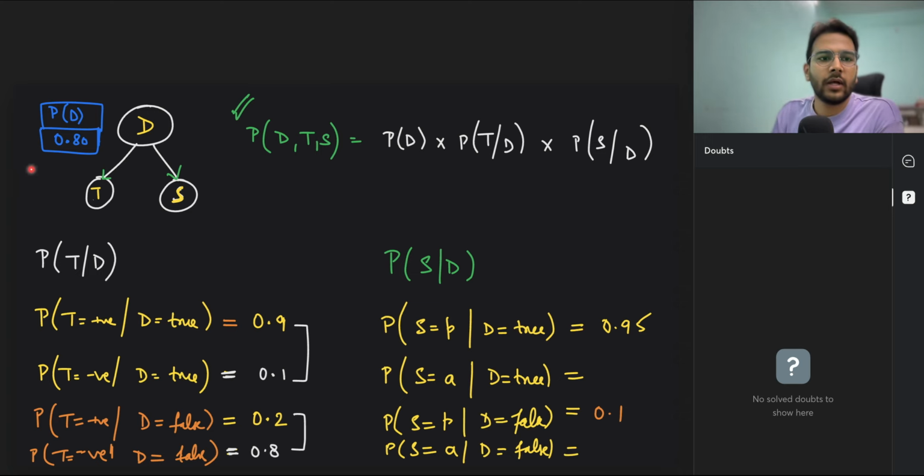Okay. Now, can we say that we can find the remaining probabilities? Yes, because these two will sum up to 1, because it is given that disease is equal to true. So if it is 0.95, I can say this is 0.05, right? And similarly, this is going to be 0.9 because these two will sum up to 1.